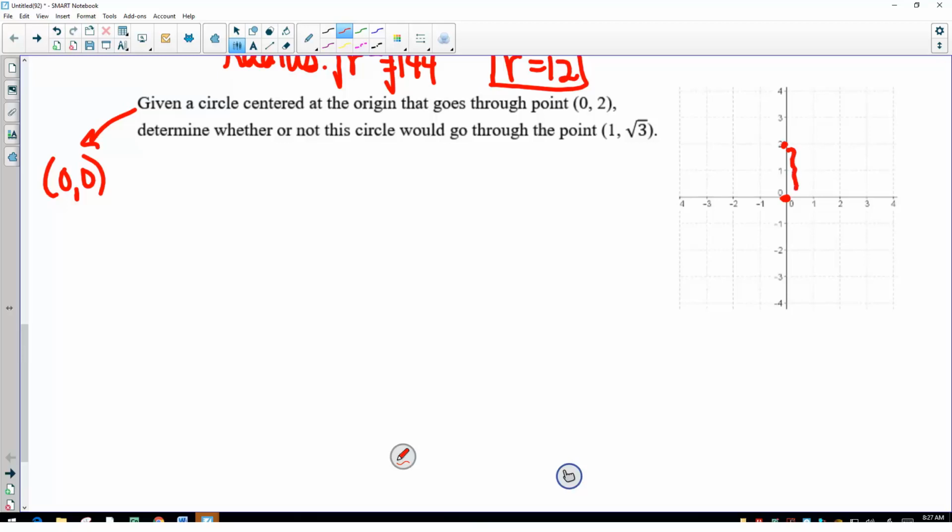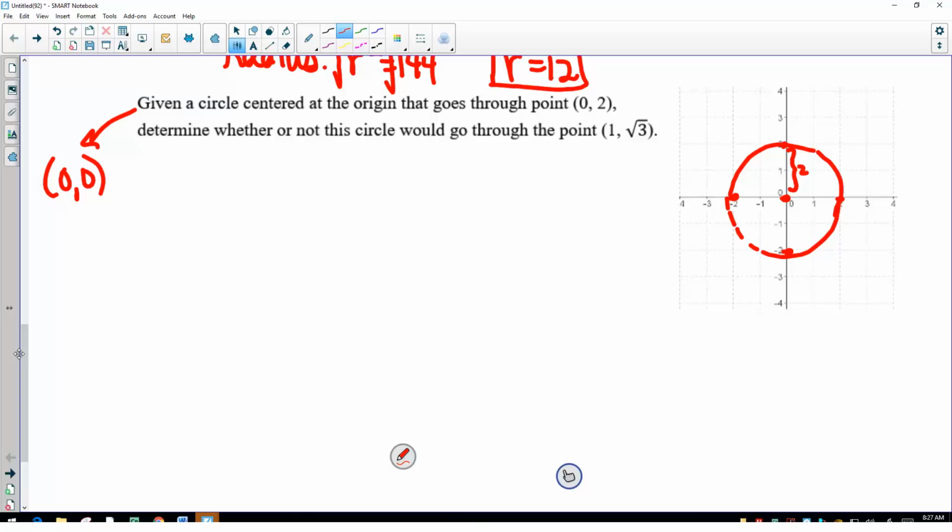So that's telling me it looks like we have a radius here of 2. So graphically, I know that it should hit at all 4 of these points. So I have a circle, something like that.